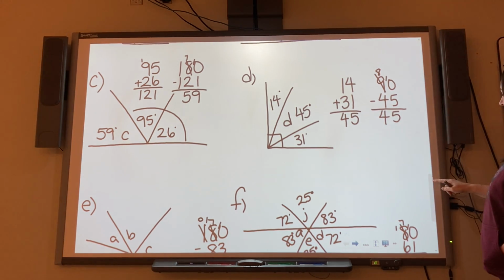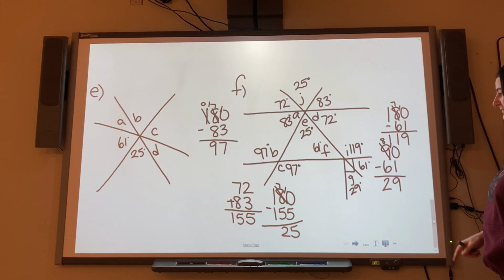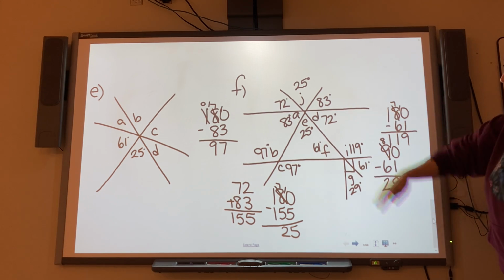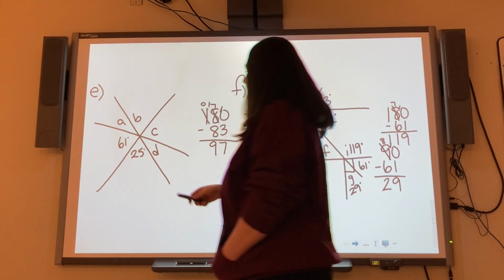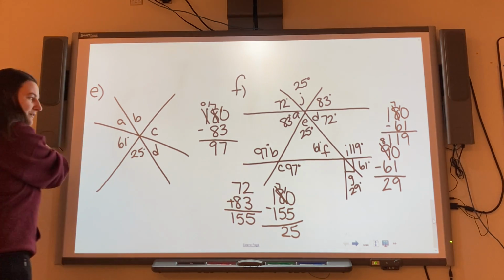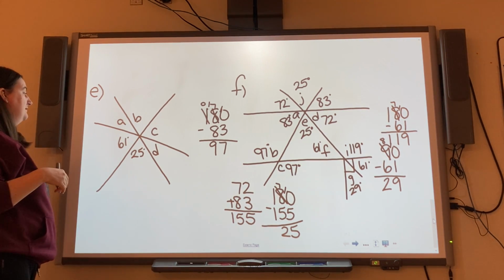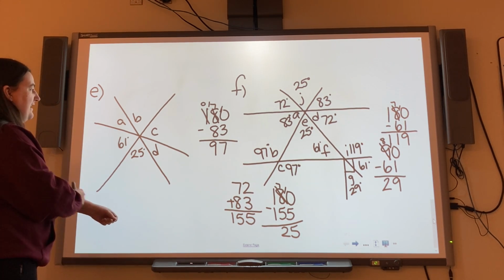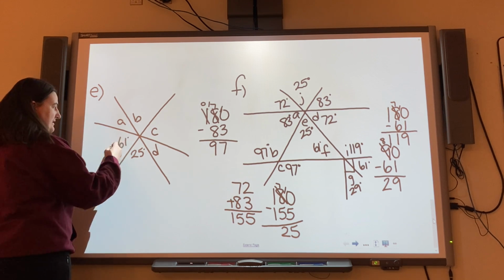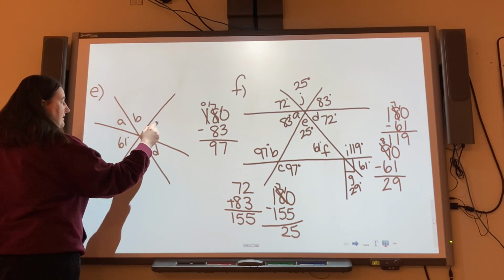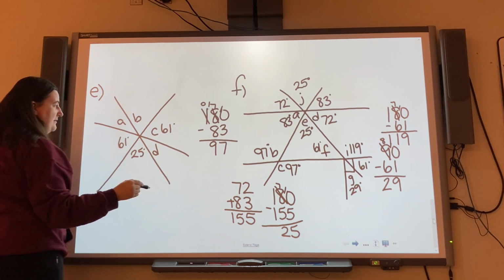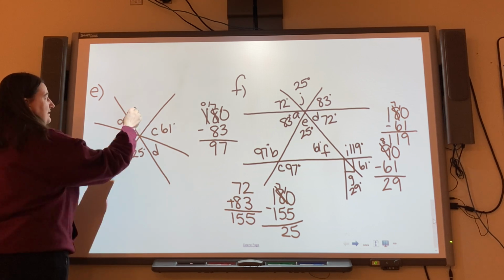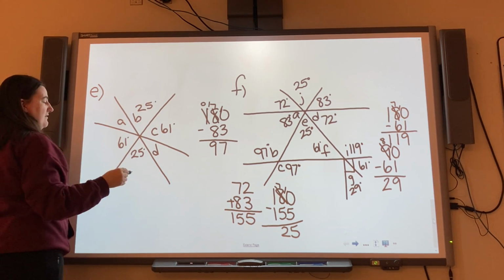All right, and now let's do the last one. So yesterday we did diagram F, which was a lot of different angles. Today we're gonna do diagram E. And I'm gonna always start with your opposite angles, right? So 61 is directly opposite to C. So I know that C is 61. 25 is directly opposite from B. So I know B is 25.